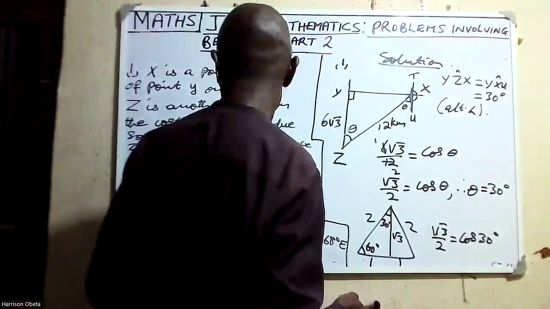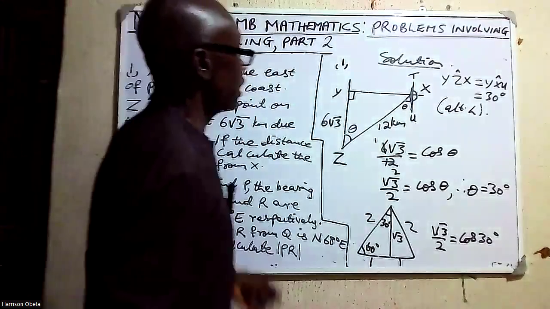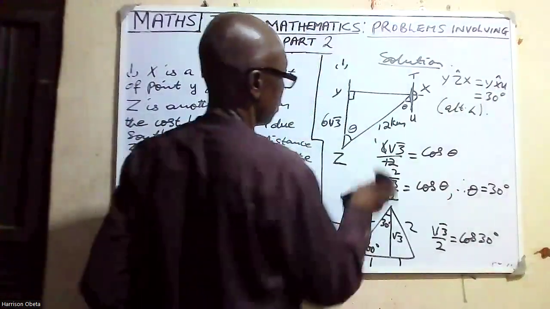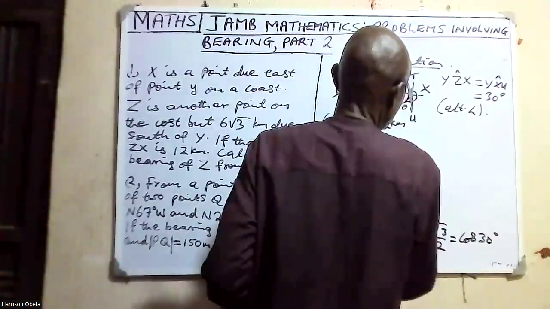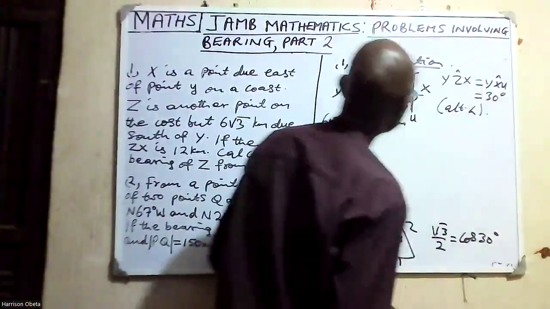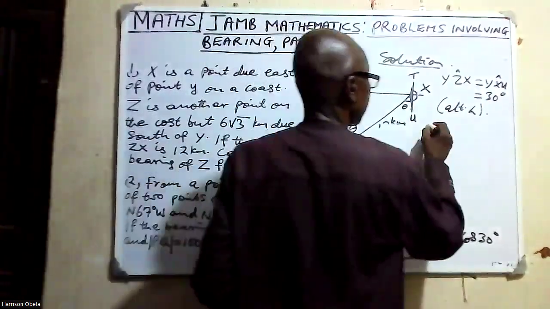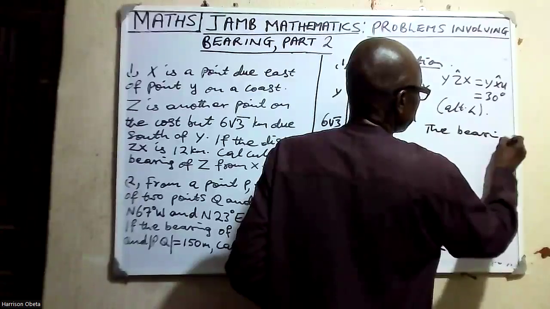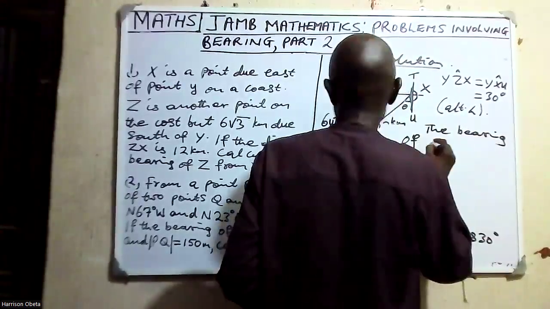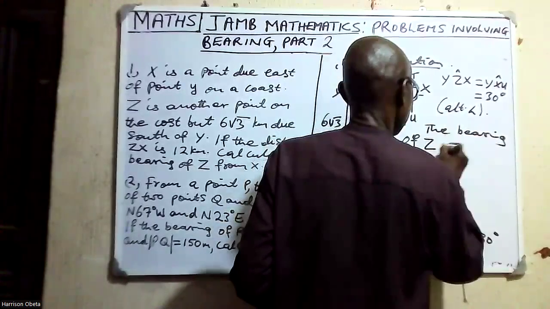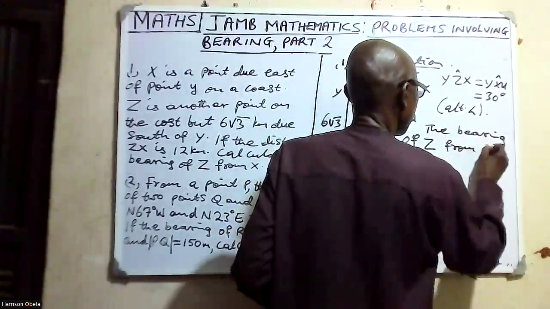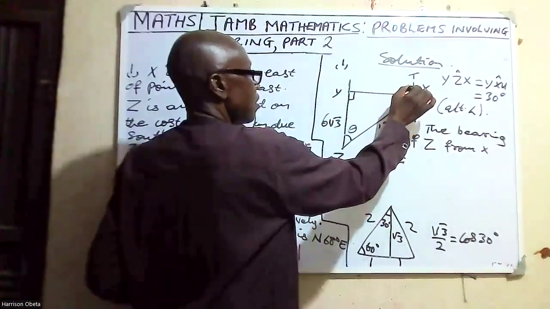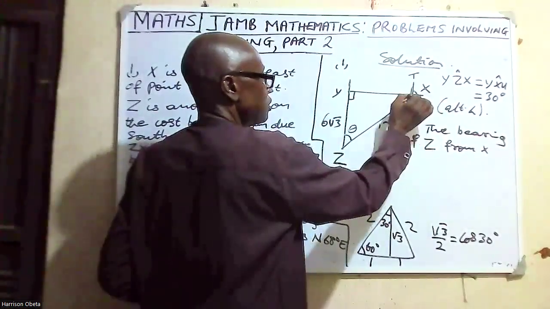So we're looking for the bearing of Z from X. We'll continue to clean some of this. So we know that the bearing of Z from X should be equal to, as I said earlier, 180 plus this angle here.